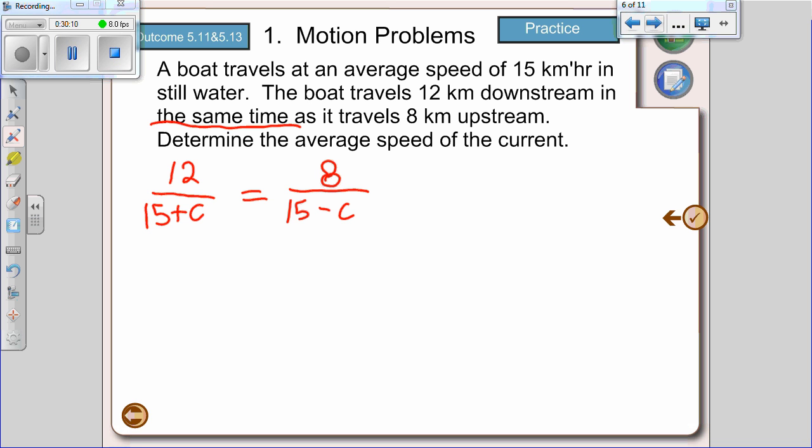So I would be going 15 kilometers an hour, but I'm coming up the stream, so it's slowing me down. So it represents slowing down, we do minus. So still, if I have the force of the current against me, having a force against myself? Think about it like running into the wind. Way slower, right? It's against you. So you're going a slower speed. So you have to take away that speed that it's slowing you down.